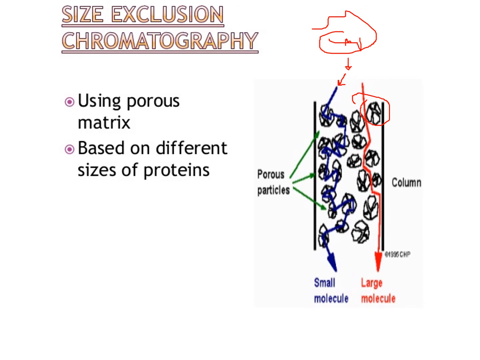And you can imagine if you stop at every bead and flow through it, it's going to take a certain amount of time. Large molecules are too big for certain types of beads, and they flow directly around. And so large molecules will end up moving through faster versus smaller molecules that will move slower.